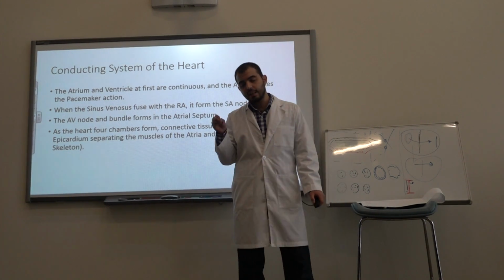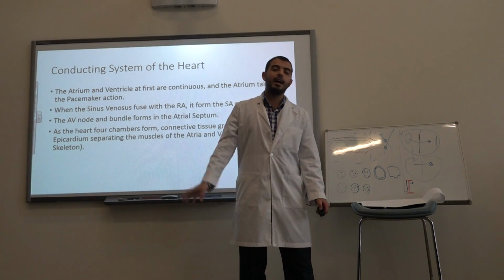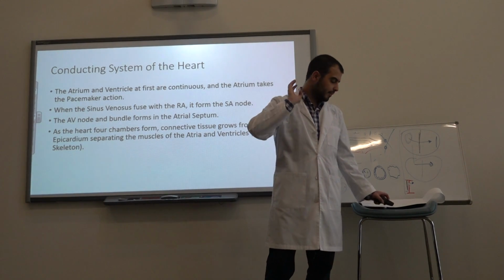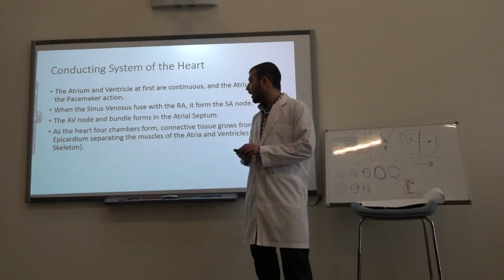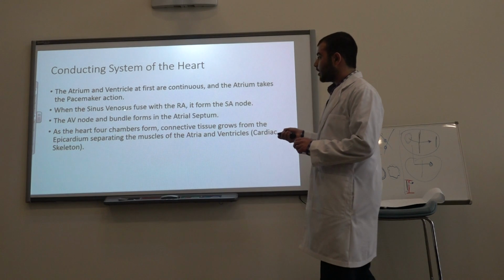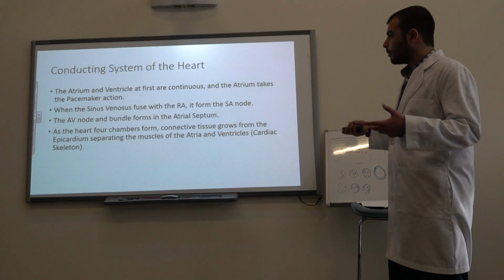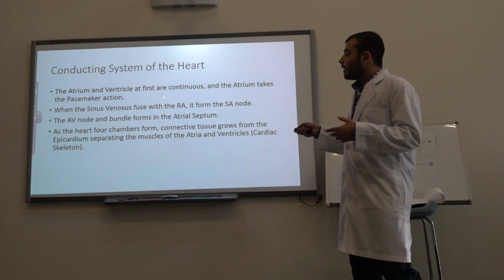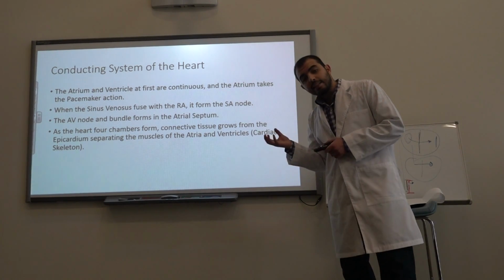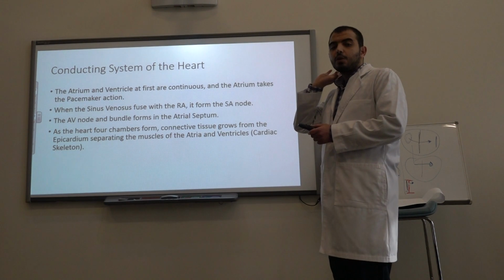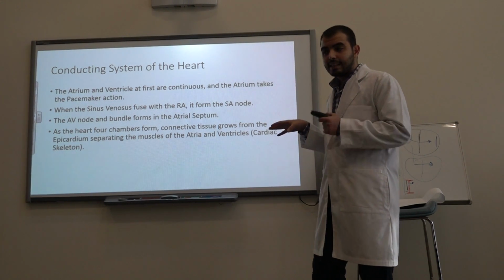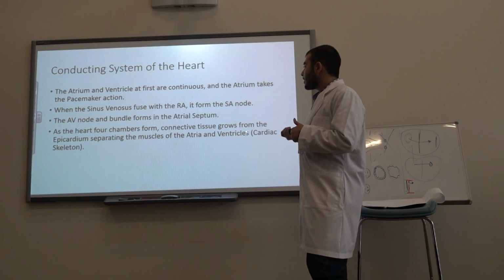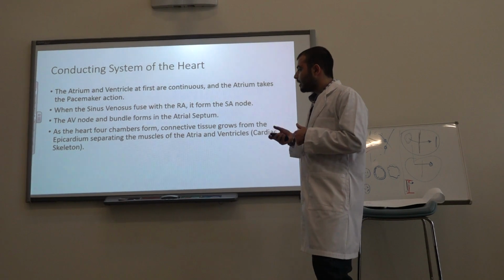They will enter it as the heart is swallowing the sinus venosus. So when the sinus venosus is swallowed, I will have the SA node, or sinoatrial node, in the right atrium, because the right atrium is the one that absorbs the sinus venosus, and that is where the neural crest cells will come from. So the SA node will be in the right atrium.